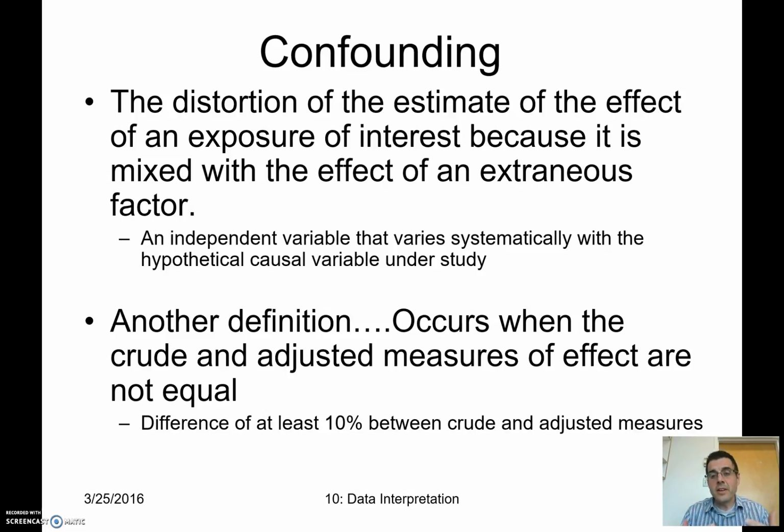Another definition is that it occurs when the crude and the adjusted measures of effect are not equal. So if there's at least a 10% difference between the crude and adjusted measure, we start to look and ask ourselves, is there a potential for confounding that's occurring that we are not taking into account?